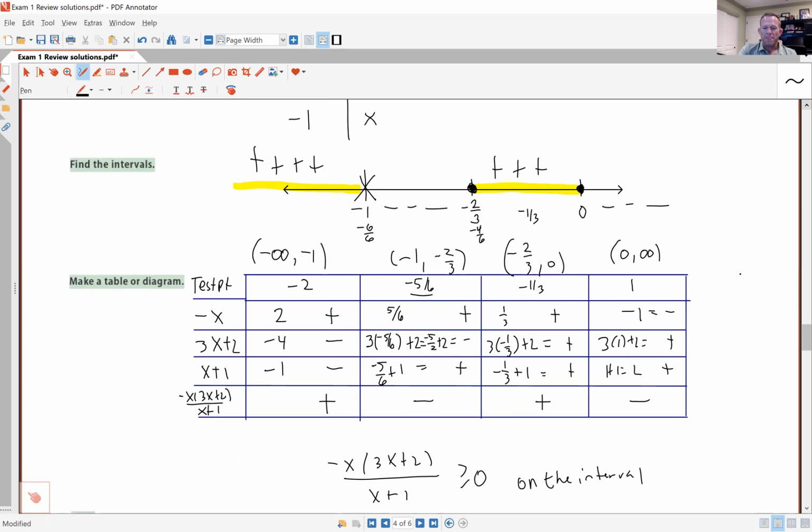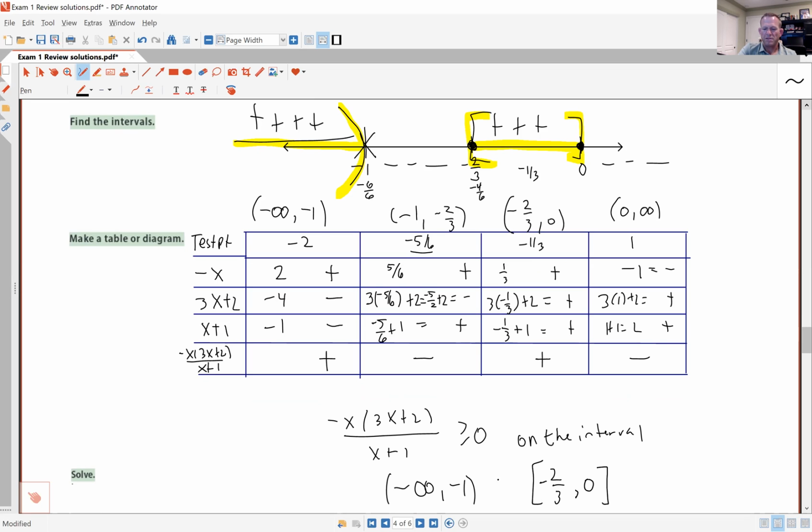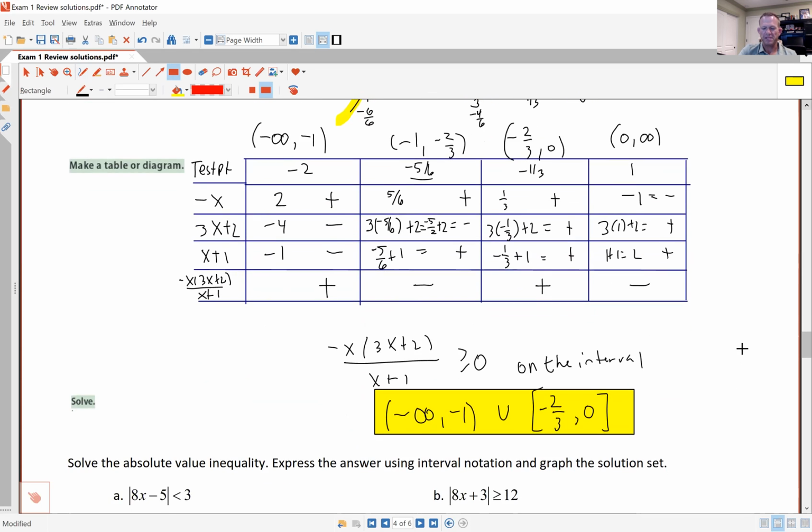So our interval is from negative infinity to negative 1, but not including it, and then from negative 2/3 to 0, including those endpoints. So be careful on these ones. You don't always include the endpoints because you can't include the spots where the denominator is equal to 0.